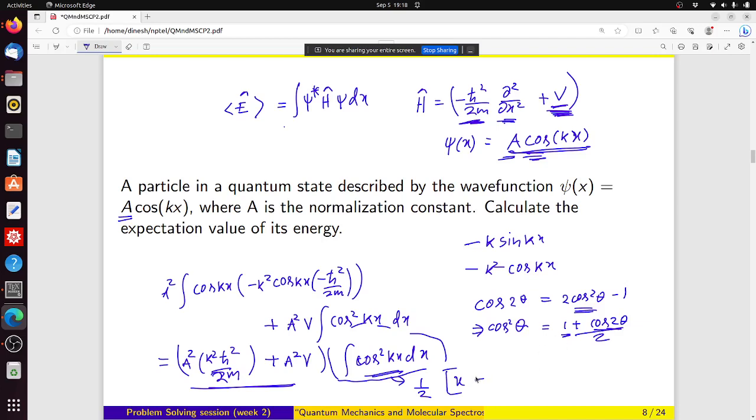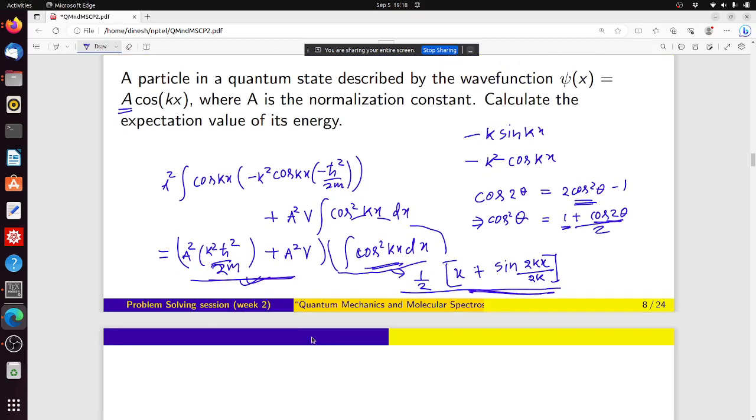So this plus sin 2kx over 2k. This is the constant, and this is the integration value, right? If you are given any limits, then you put the limits, otherwise this is the final answer.